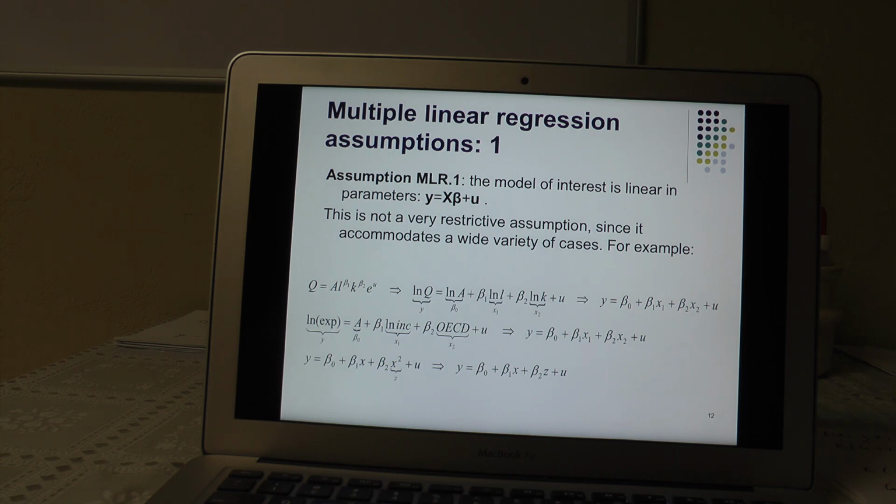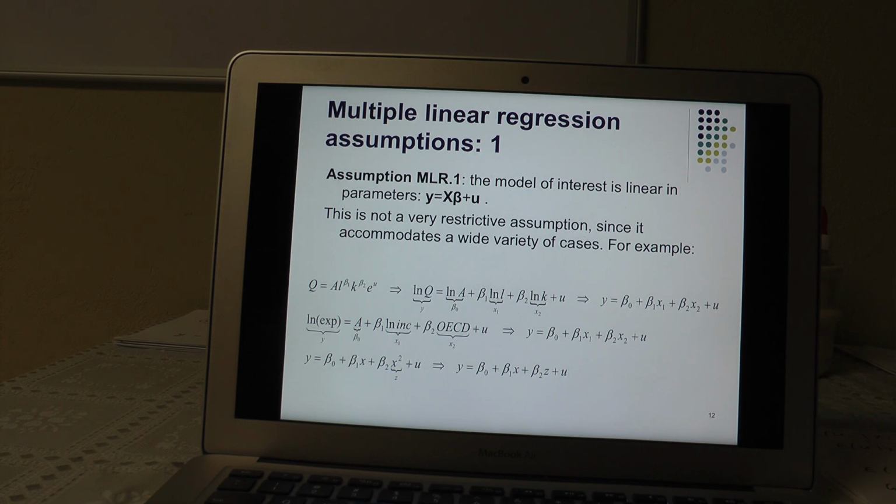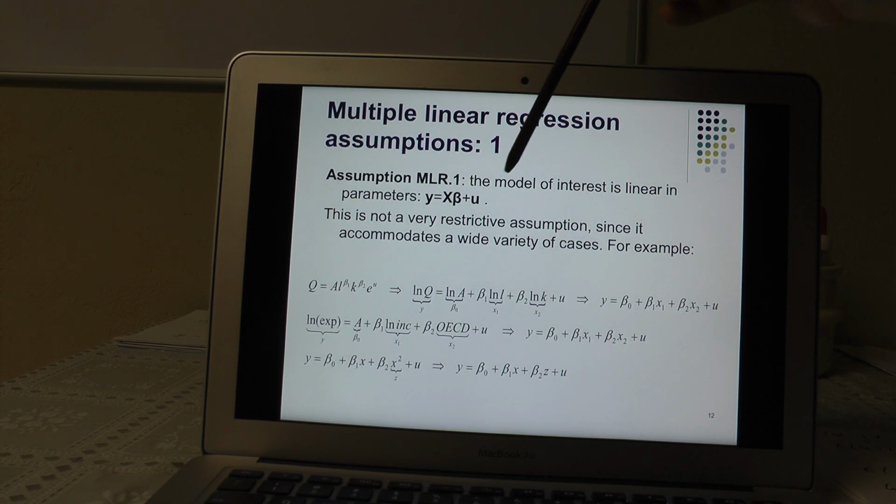Now linear applies to the fact that your betas cannot enter in the model in any form other than linear. They cannot be, for example, beta 1 times beta 2 in the model. They cannot be beta 3 squared in the model. But this assumption doesn't restrict your x variables to appear in the model in a nonlinear fashion.